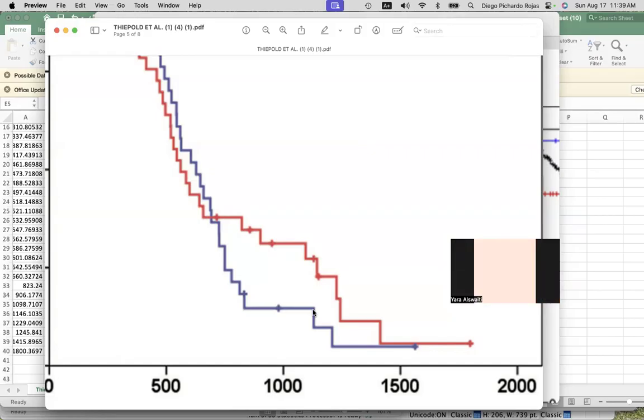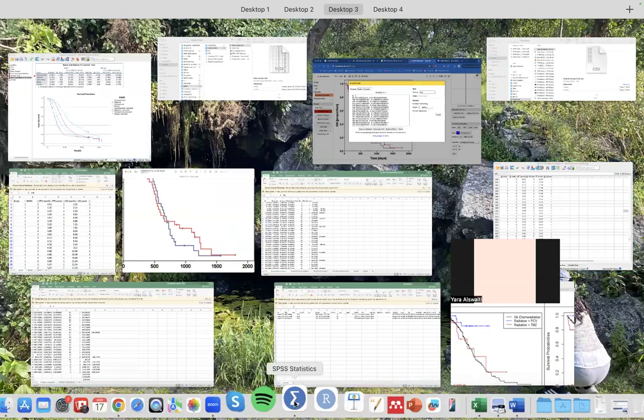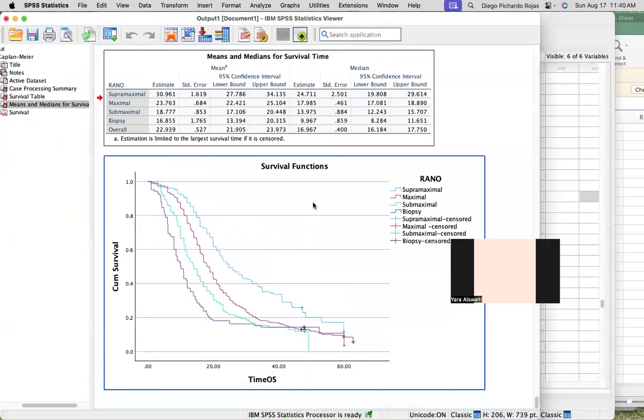So I have a question about the Kaplan-Meier curve you did first on SPSS. It showed the median and the mean, but can we not show the 1 year survival, the 2 year survival in numbers? There is a way to do it.